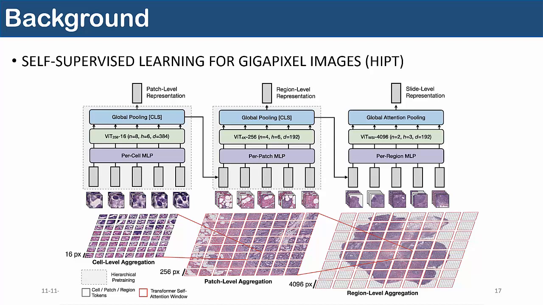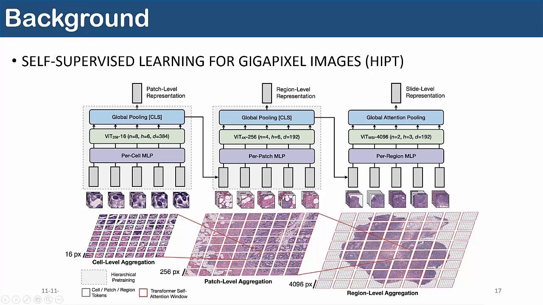So here it is more like that only. When we get the cell level aggregations, we pass them through the MLP layers, and then through the ViTs to generate the visual tokens, and then these tokens are pooled and global pooling is applied, and then you get just one patch level representation that actually represents this complete patch.